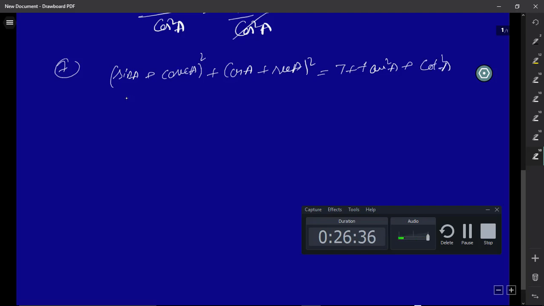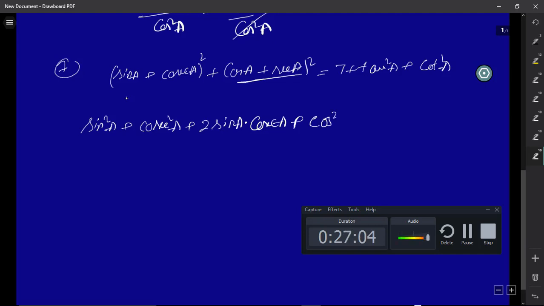Okay. See, this is quite simple. We will just expand this first. Sine A plus cosecant A whole square. This is in the form of A plus B whole square. What is A plus B whole square? A square plus B square plus 2AB, right? Again, this is in the form of A plus B whole square, cos A plus secant A whole square. I'll expand it using the A plus B whole square formula.